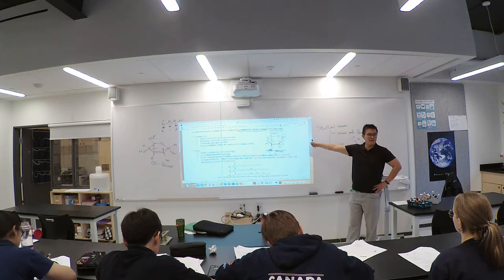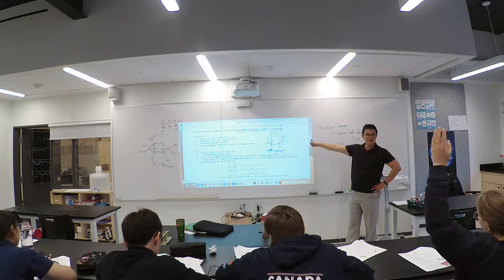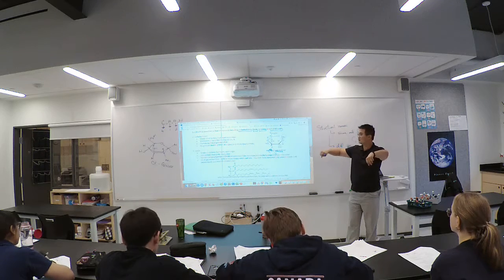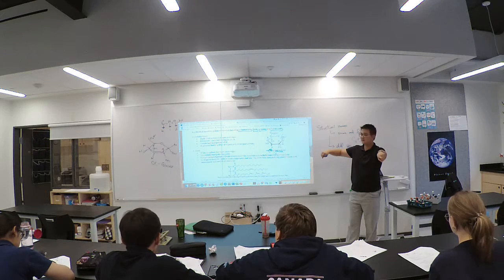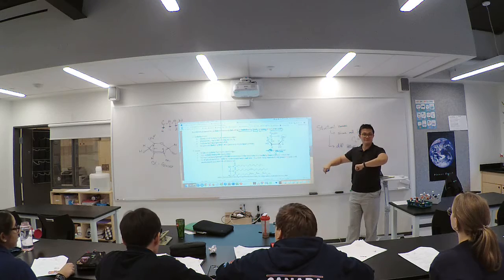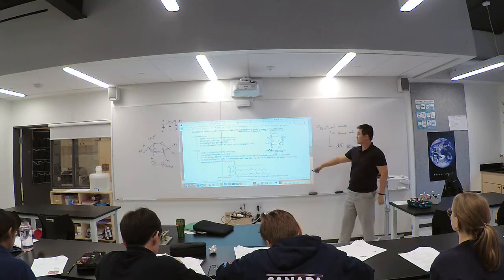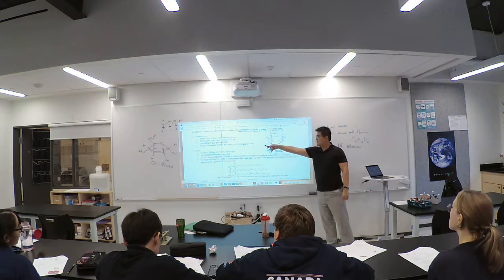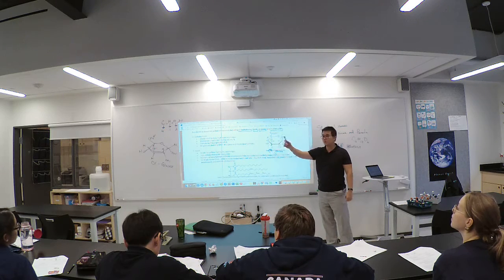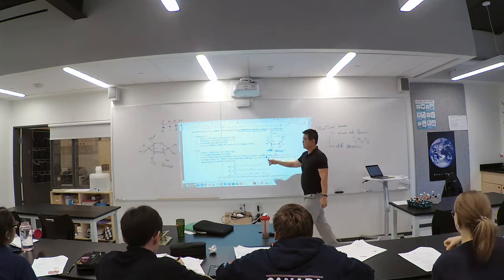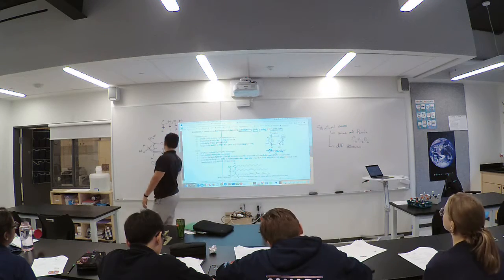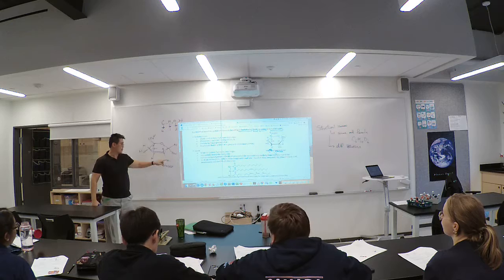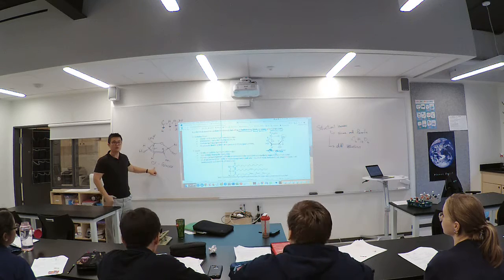What's the difference between alpha and beta glucose? Alpha glucose on the first C, the OH is down. That's the only difference. The rest still has the same orientation for the OH groups, but because the OH group of the first carbon points down, that's alpha glucose.